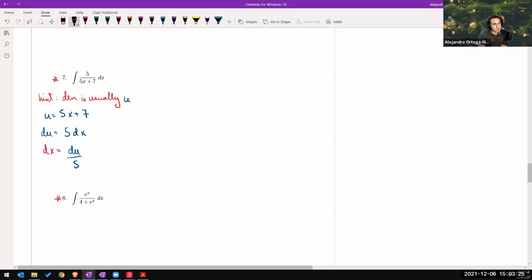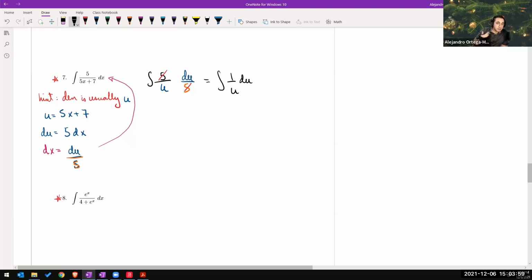This problem is going to be the integral of 5 over u, substituting in the dx, that was du over 5. Look at here, the 5's cancel. So we have the integral of 1 over u du.